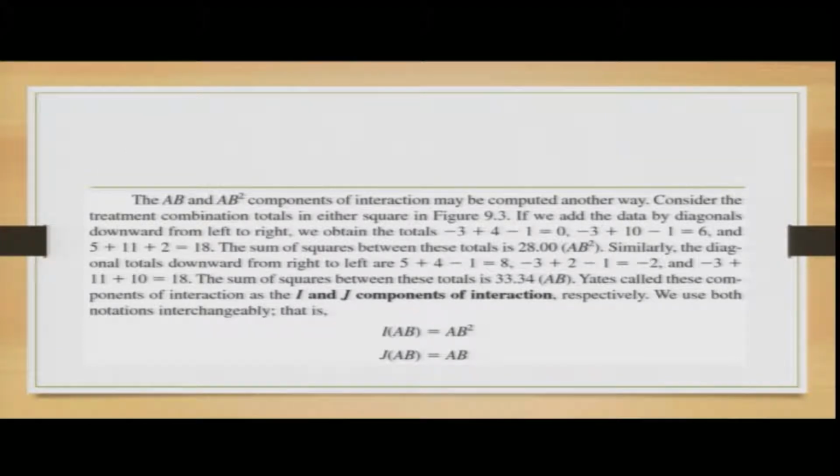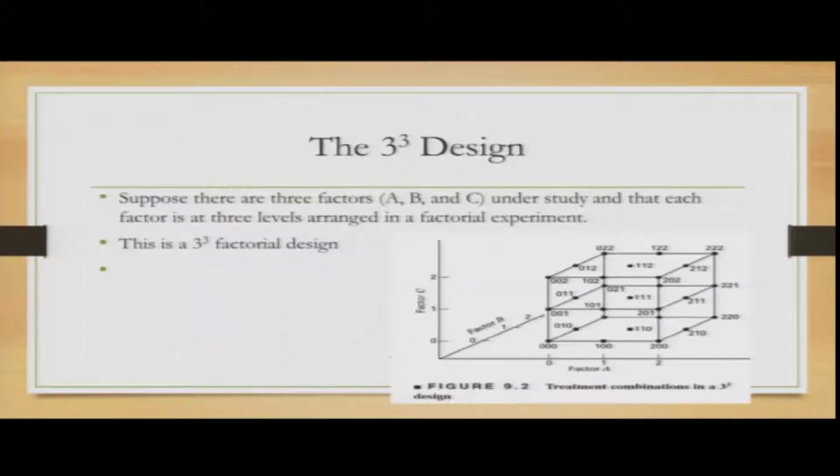Similarly, the diagonals towards the down right from left to right are given as -2 and 18, and you can find it accordingly. The sum of the squares between the totals, which is A B, is 33.34. These are called the components of the interaction, and you can use both notations interchangeably, with I as A B square and J as A B only.